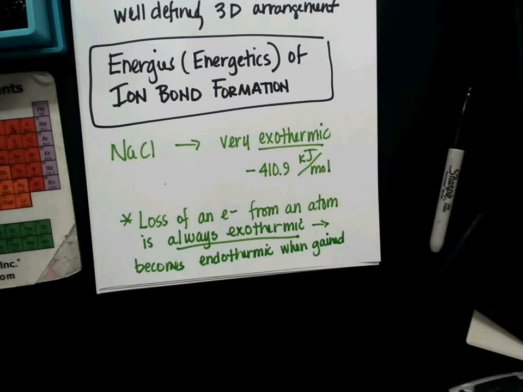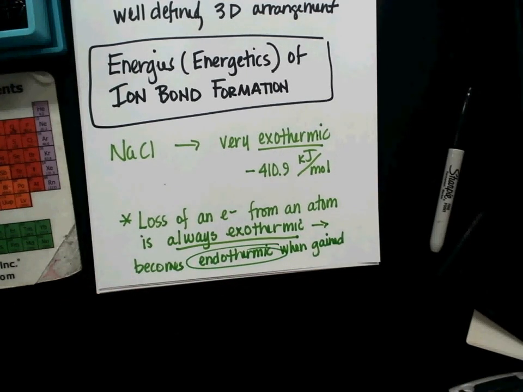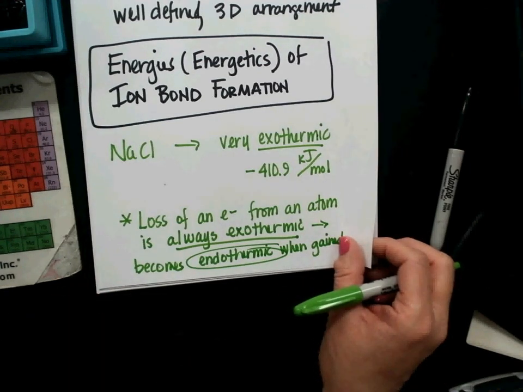And we have to think about it when it's gained, so it doesn't just get lost. It's gained by another atom, sorry. And that's when we have to start thinking about endothermic. So we'll kind of break that down a little bit.